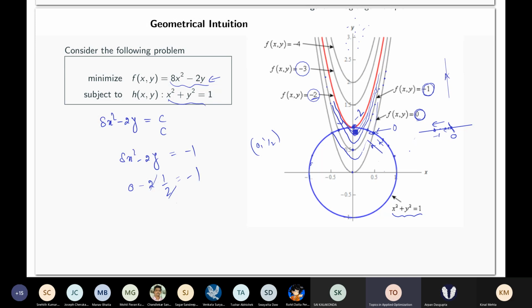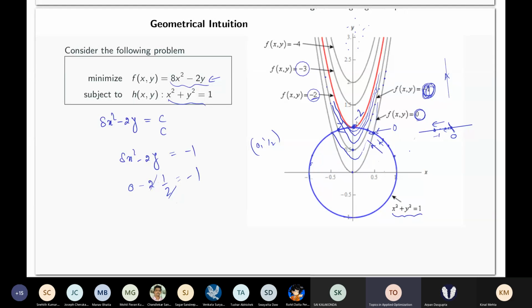For example, if you move here, you hit the level curve of -1, which is a higher value, and I don't want that. So intuitively it is very clear that it has to be a point which just touches the level curve. The point of minima is a point where you will just touch a level curve. That's the intuition behind this.